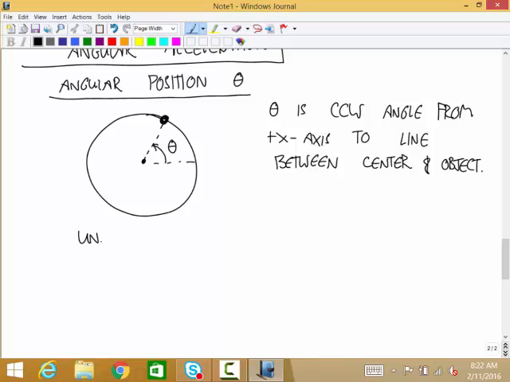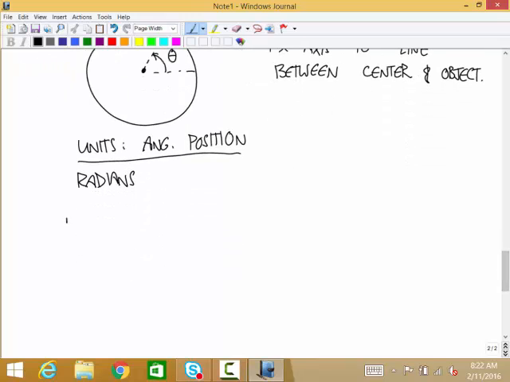The units of angular position, well, this has to be given as an angle, and we're going to express it in radians. Notice that theta changes as the object moves.